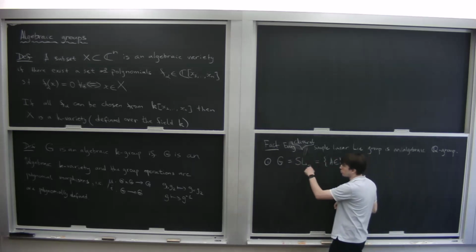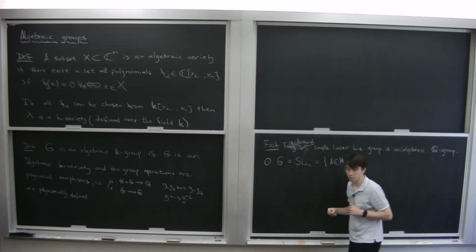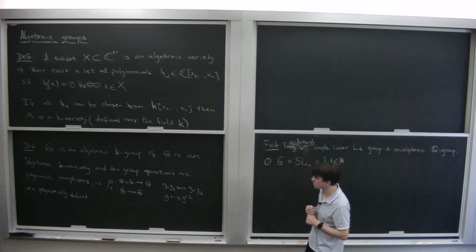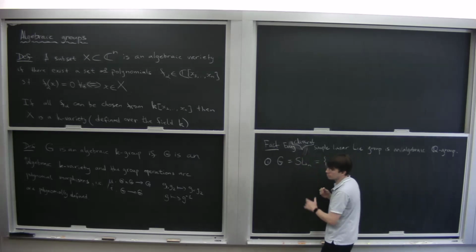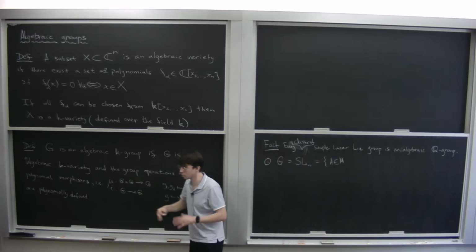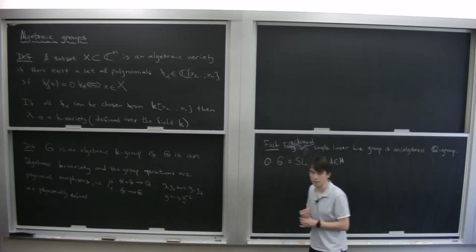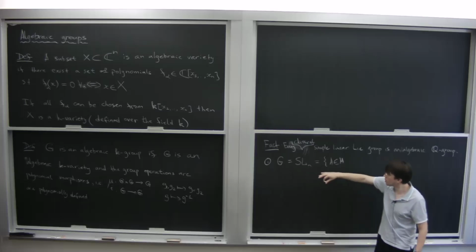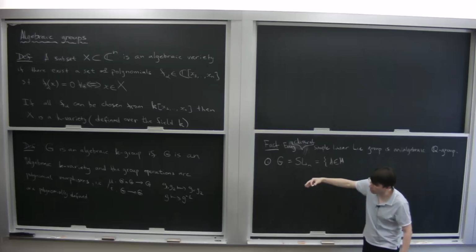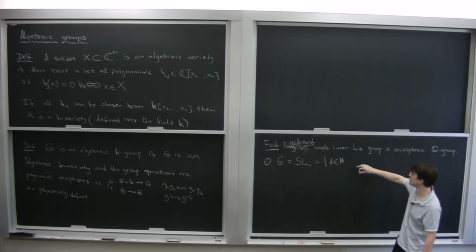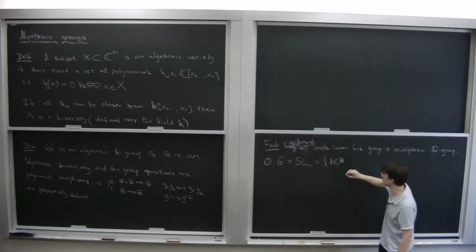In fact, I do not write here SL_n of R or SL_n of C intentionally, since we will try to view G as more like a scheme rather than a set, since we can consider an algebraic group with real points and complex points, and I will say it a few minutes later.